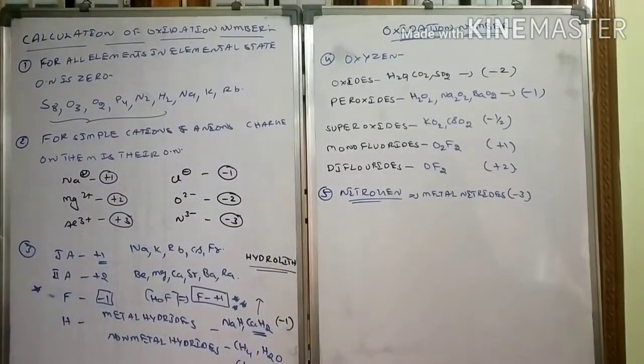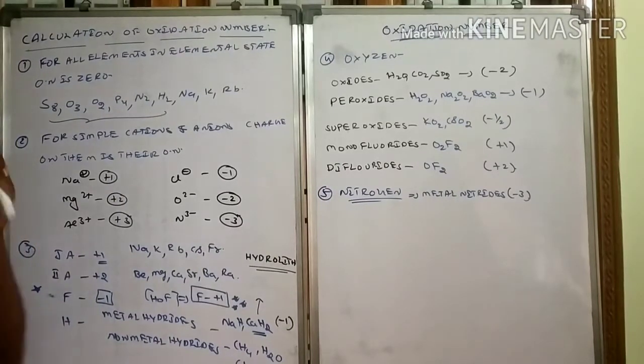These are the fundamental rules to calculate the oxidation state for any species. By using these fundamental rules, you can calculate the oxidation state for any species.